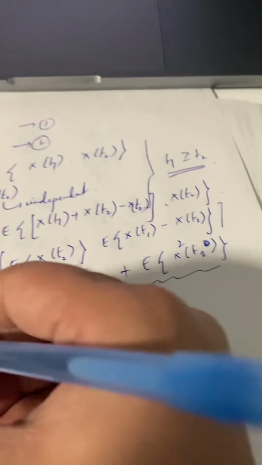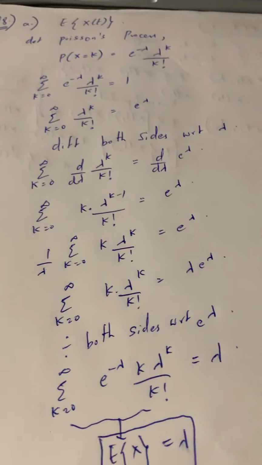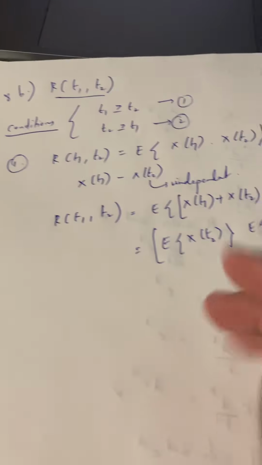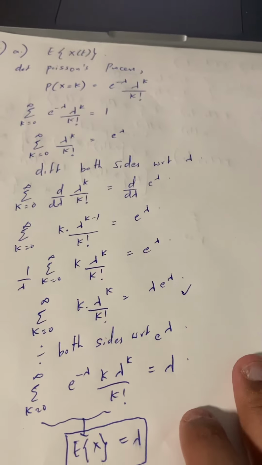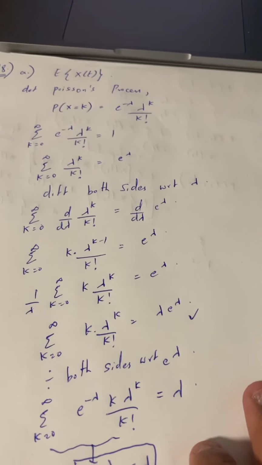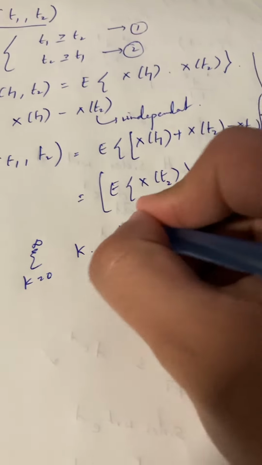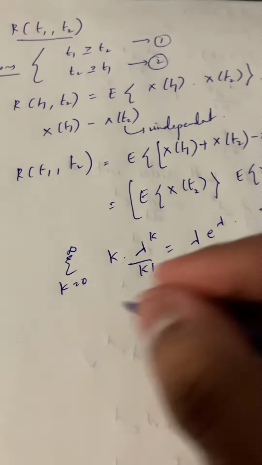So for this, let us look at the equation which we have previously considered, this one. We can write it as sigma k running from 0 to infinity k into lambda power k by k factorial equal to lambda e power lambda.